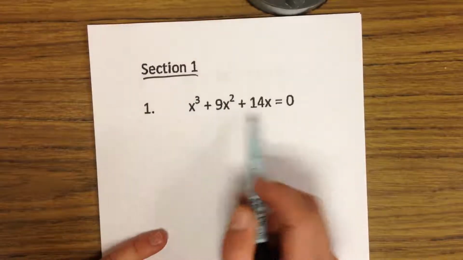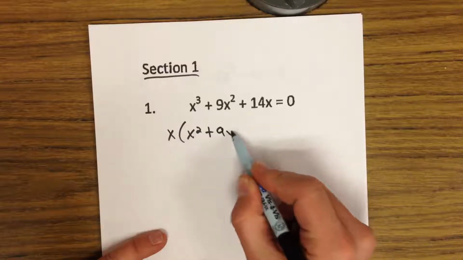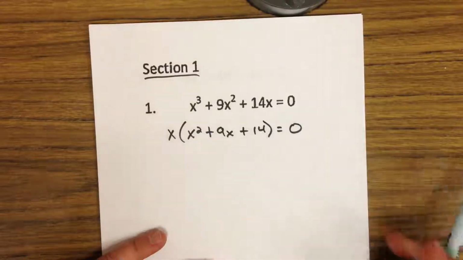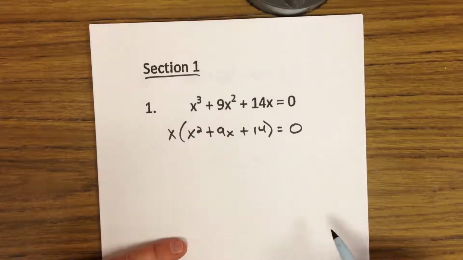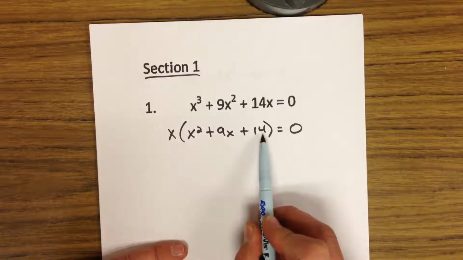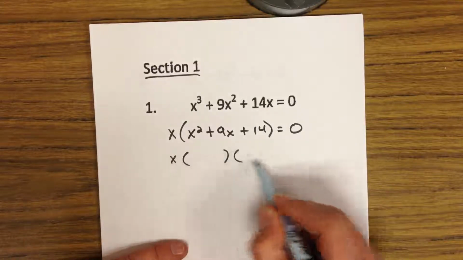So when we're solving a quadratic, we're going to factor out an x. If there's an x you can pull out the x, and you're left with a quadratic in there, and you're going to look for two things that multiply to 14 that add to 9. So we're going to factor it like we know how, if possible.